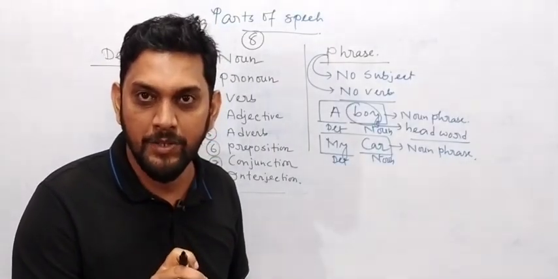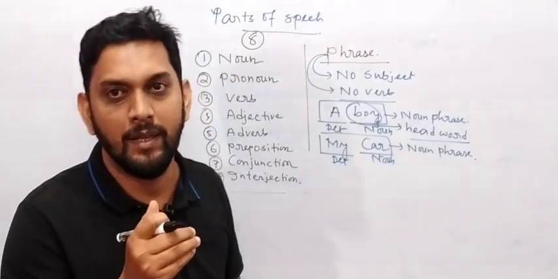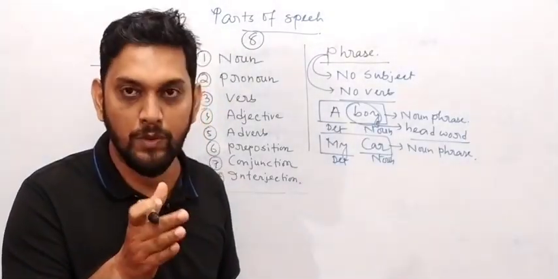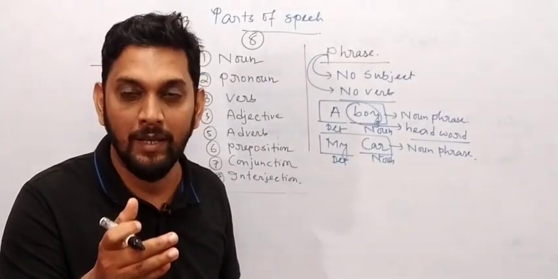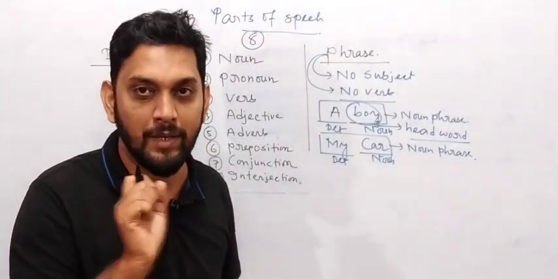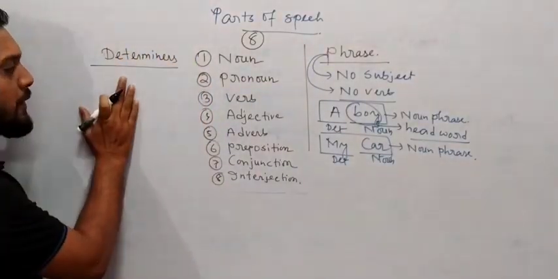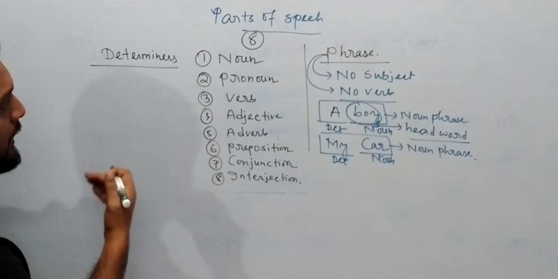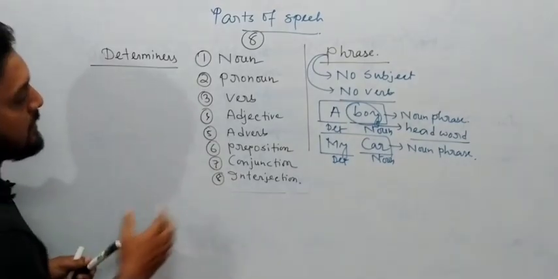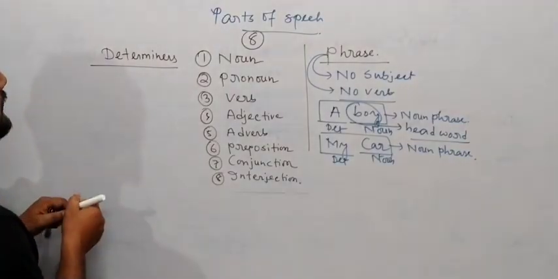When we study determiners in detail, I will explain identity based determiners and quantity based determiners. Right now I will write the basic determiners, and from that you need to understand how a determiner makes a phrase.